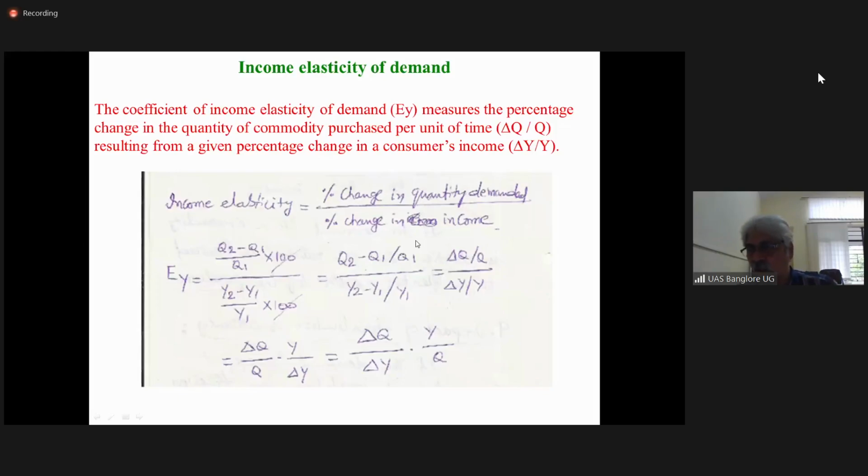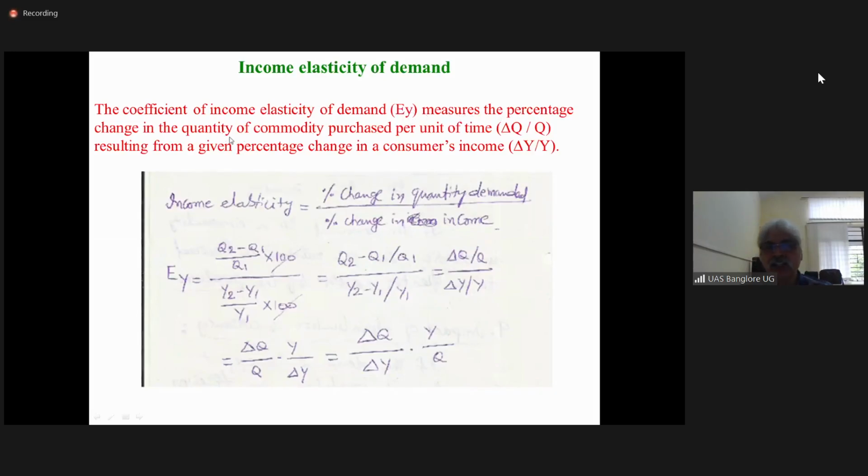Earlier we discussed what happens to quantity demanded if the price changes. Now we are talking about what will be the change in quantity demanded if the income changes. That's the only difference. For price elasticity we used EP; income elasticity we denote with EY.